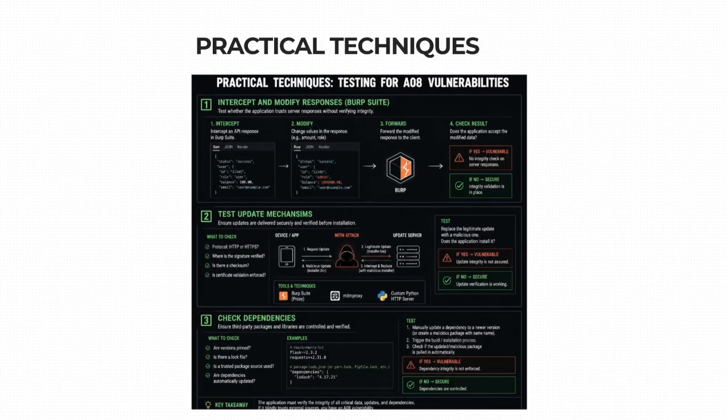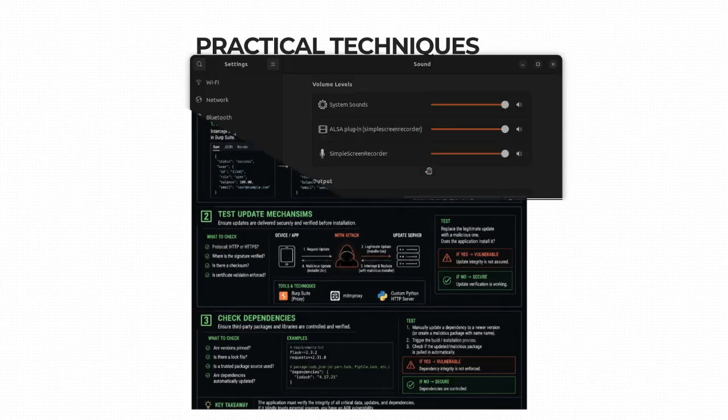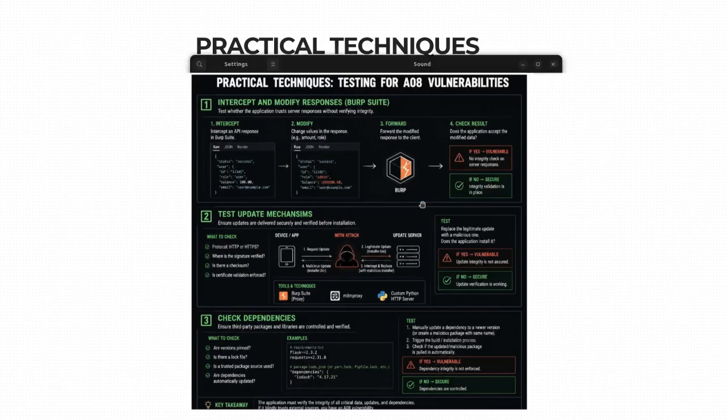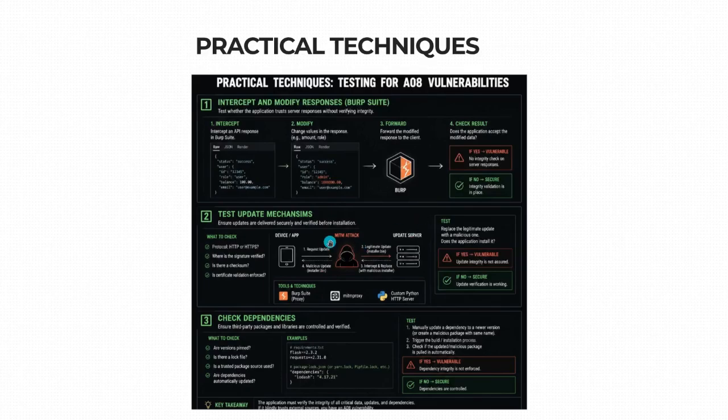If it does, that's your vulnerability, there's no integrity check. Second, I check the update mechanism. How does the application get updates? I look at what protocol it uses, HTTP or HTTPS. Where is the signature verified? Is there a checksum? I'll try to do a MITM attack and replace the update with something malicious. If it installs, the vulnerability is confirmed.